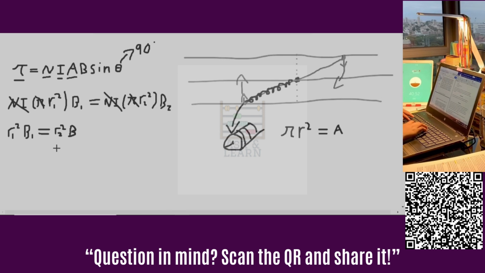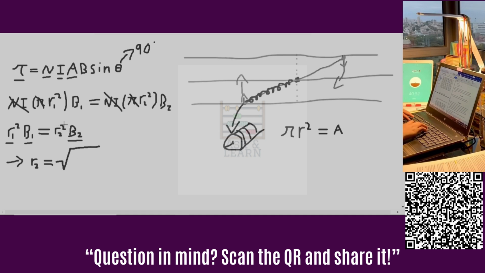Okay, so we are given both of the magnetic fields. We know what they're equal to on each side. We are also given what the radius of the first coil is. So we have an equation here with one unknown, in which case we can solve for it. R2 is equal to the square root, because we had r squared.